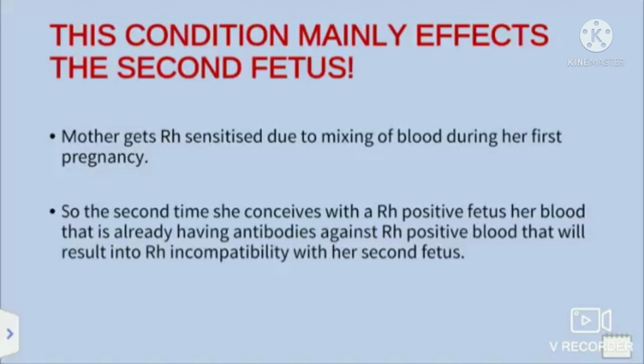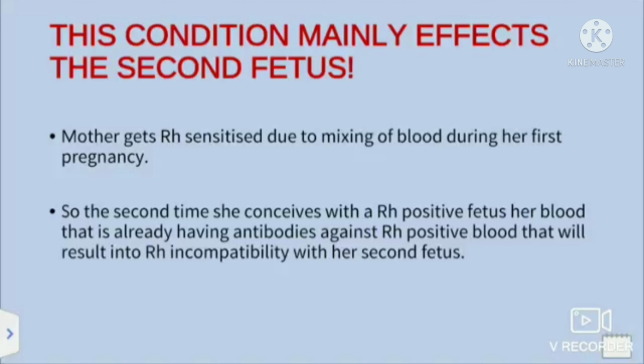But the next time the mother gets pregnant, if the fetus has RH positive blood, then because of the previous pregnancy, the mother has already developed antibodies against the RH positive blood type, and those antibodies will fight and destroy the RBCs of the second fetus. So this condition is mainly affecting the second fetus.